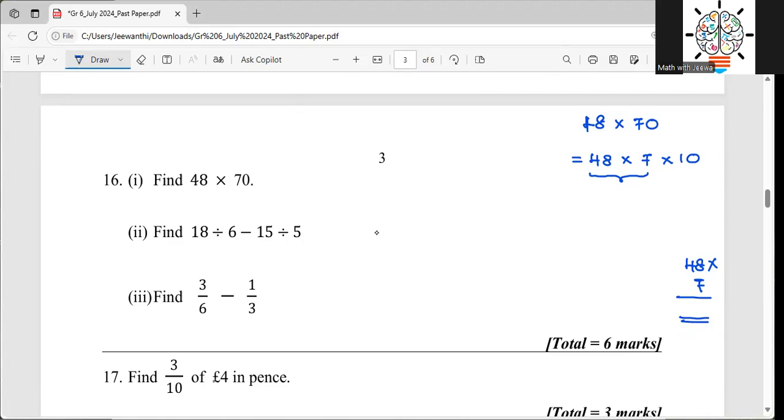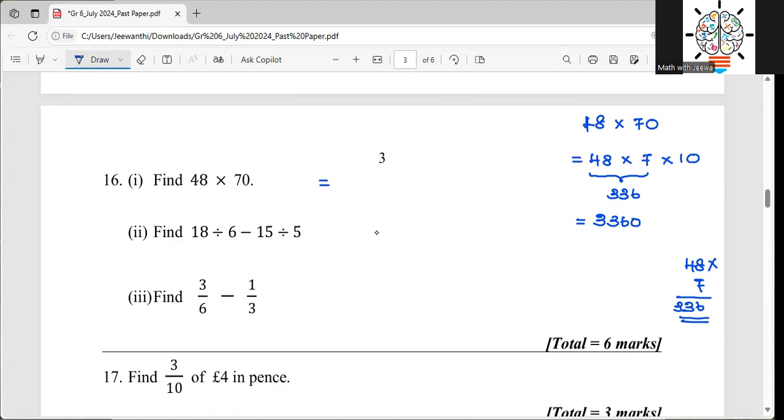So we have different ways to do this, but we should know what they are trying to test, right? When you multiply 48 by 7, it gives you 336. And here I write 336. That you multiply by 10, it gives me 3,360.